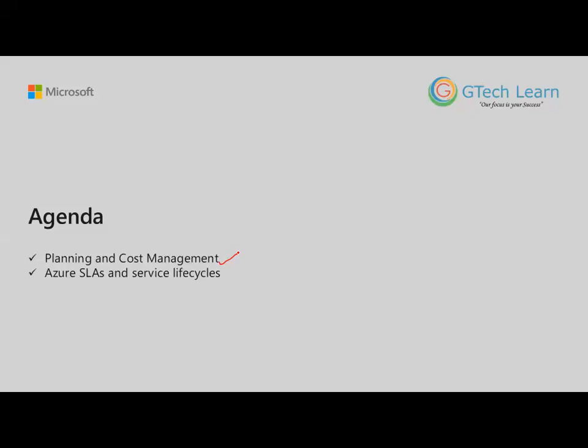And definitely we'll be talking about Azure SLAs, what they are, and how they can help with availability, redundancy, and data duplicacy. We'll talk about the different service level agreements Azure has, and what service life cycles are and how they affect the SLAs.